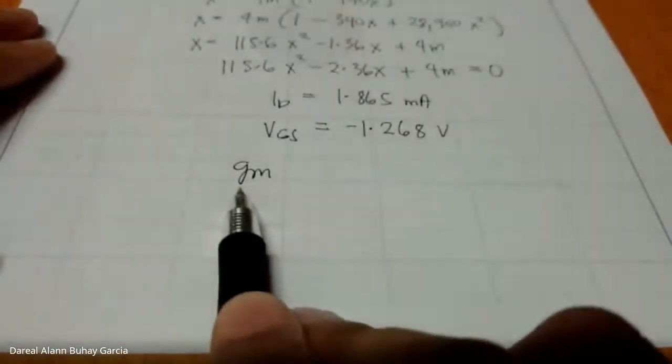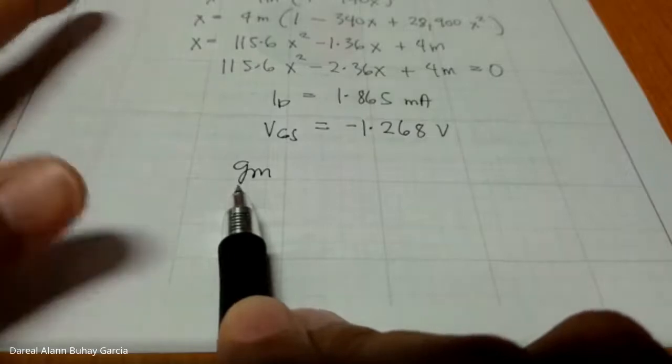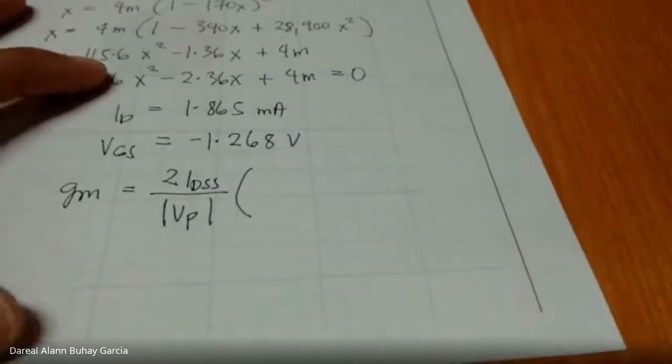Now let's solve for GM. No need to write the AC anymore when calculating the value of GM. GM is 2 IDSS over the absolute value of VP times 1 minus VGS over VP, squared.